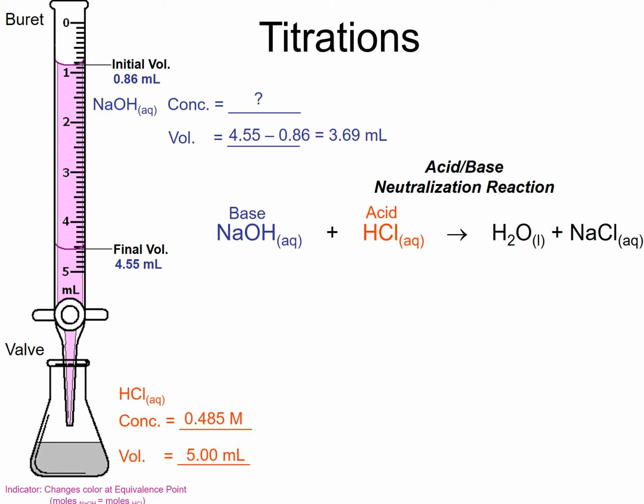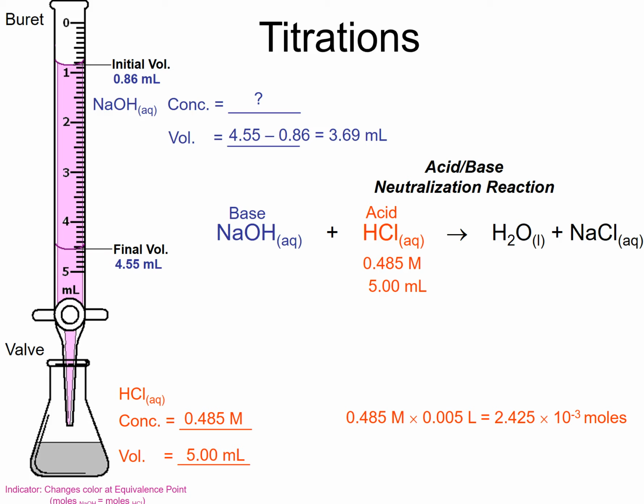For this, I like to return to the balanced chemical equation to organize the information better. For the hydrochloric acid, we know that the concentration is 0.485 and the volume was 5.00 milliliters. And for the sodium hydroxide, we don't know yet. Let's just follow these numbers through. For the hydrochloric acid, we know its concentration and volume.